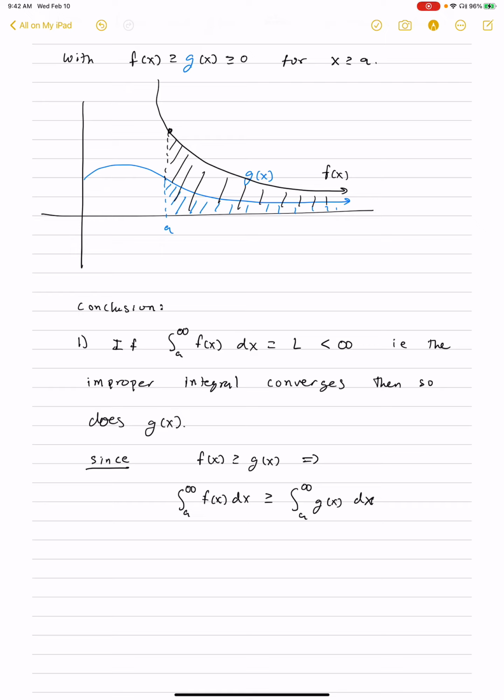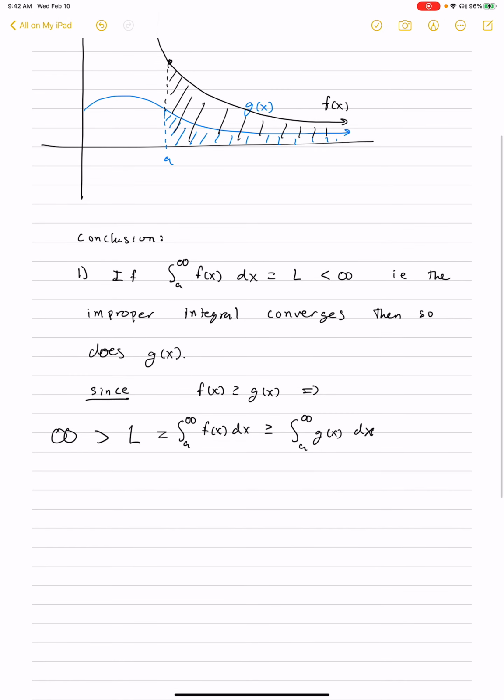And since the integral on the left converges, it has limit L, and that's less than infinity, then g of x also has to be less than infinity. That's the first conclusion that we can make from this comparison theorem.